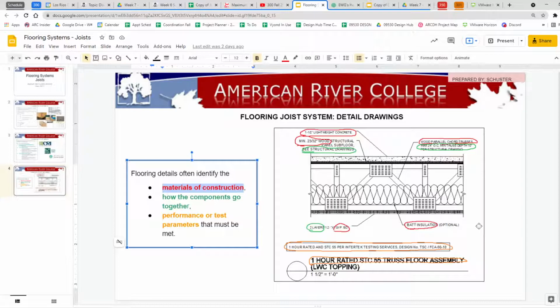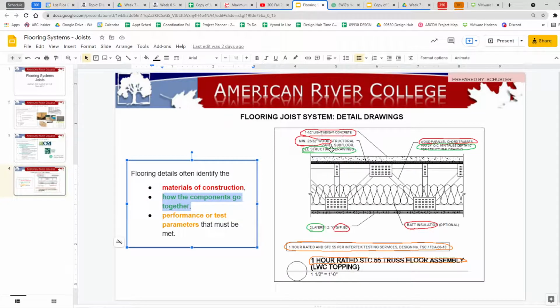It's a detailed drawing to show materials of construction: lightweight concrete, wood structural subfloor, cord truss, batting insulation, gypsum board. Those all tell you about what material you're using and then how they go together.